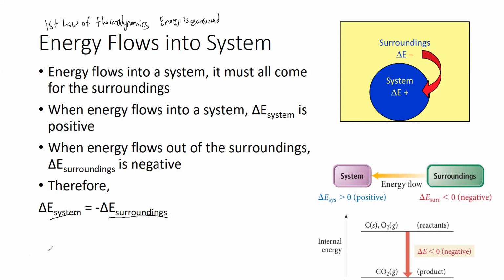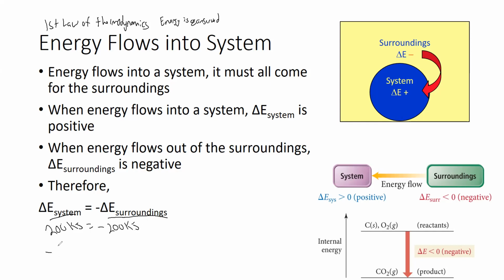So let's say my system gained 200 kilojoules of energy. That must mean my surroundings lost 200 kilojoules of energy, because that energy gain had to come from somewhere. It came from my surroundings.